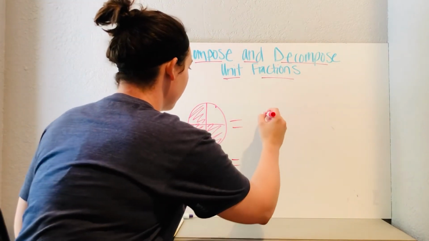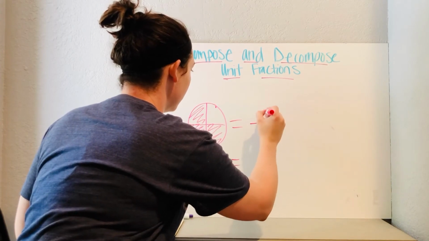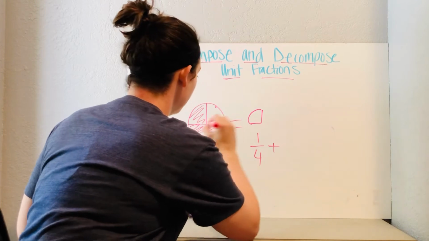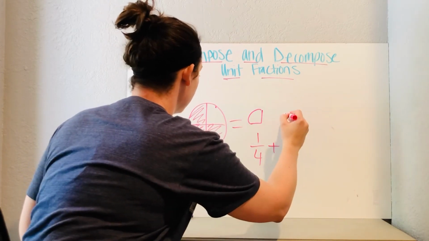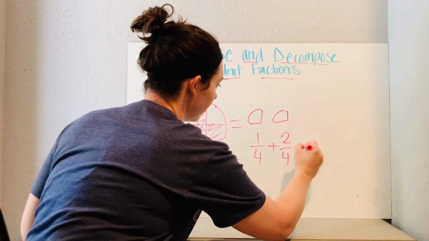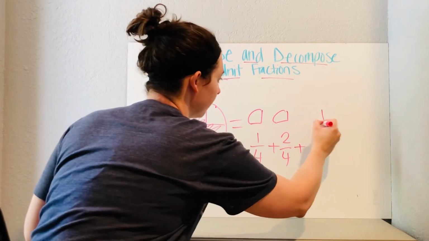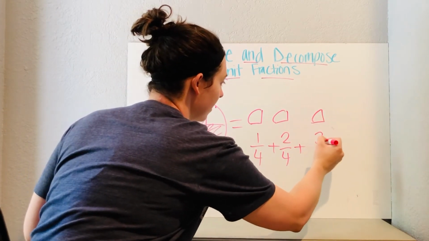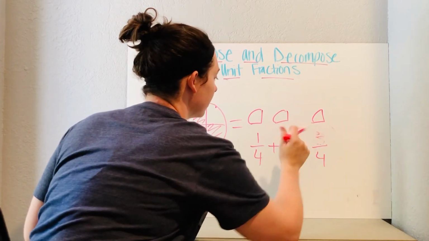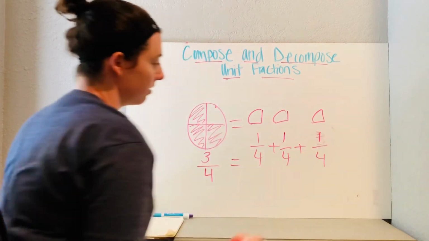Now, let's draw this and represent it in a unit fraction, right? So we would have 1 piece, so that's 1/4, plus another one, right? Okay, so that's 2/4 plus another, oh, but these are just ones, sorry. 1/4 plus 1/4 plus 1/4.